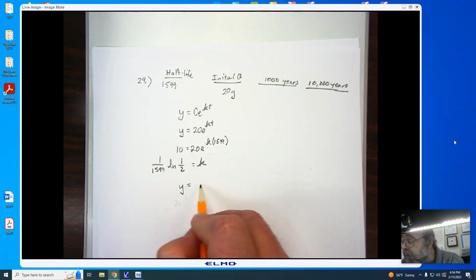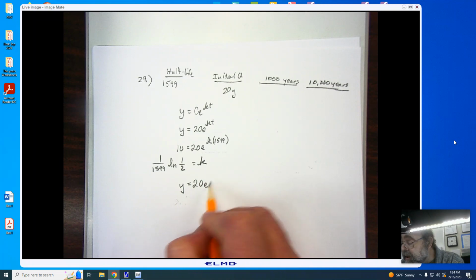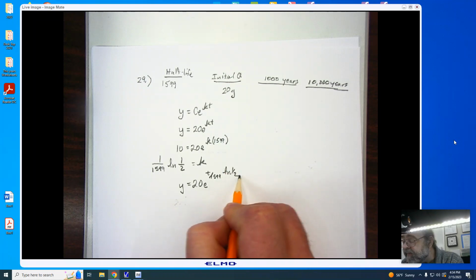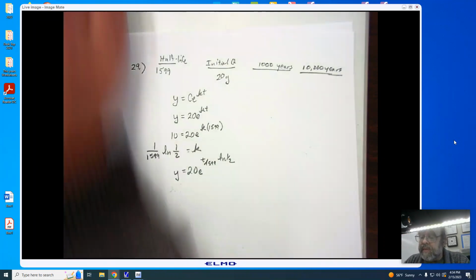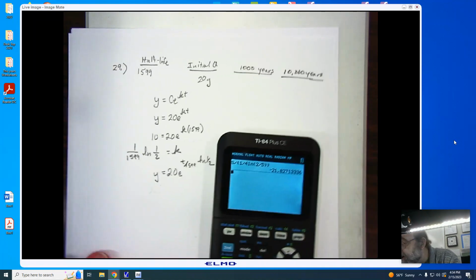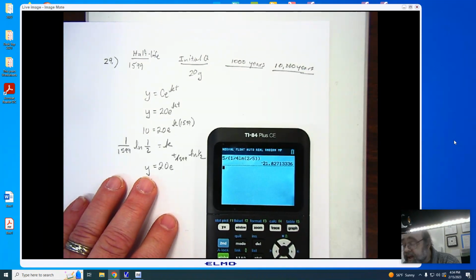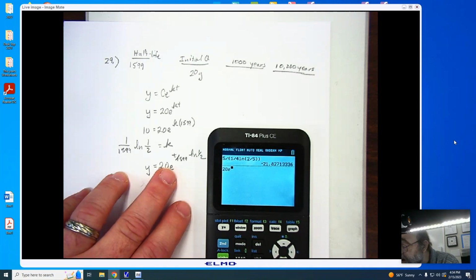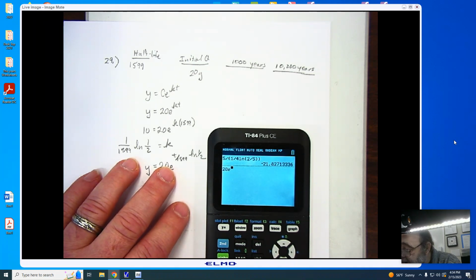So I now know that I have y equals 20e to the power of t divided by 1599 natural log of 1/2. I can now plug in 1,000 and 10,000 to find this, and I'm plugging it directly into my calculator. So I have 20 times e to the power of the fraction.